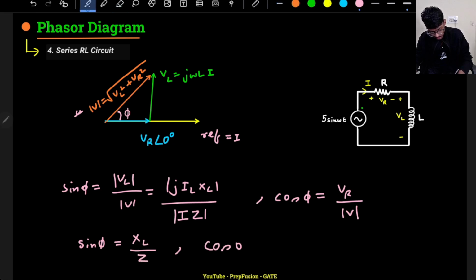Cos phi will come out to be, what is this? This is I into R, correct?